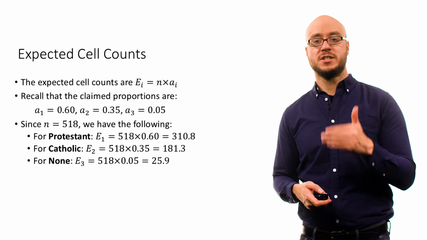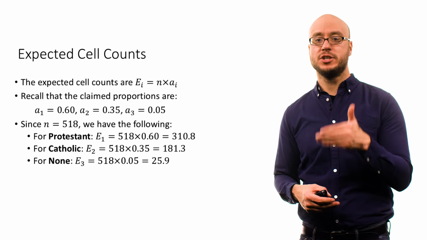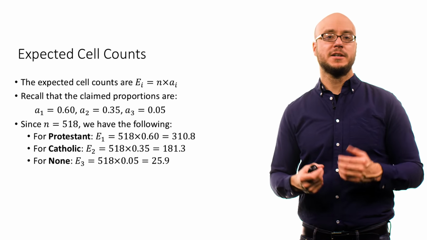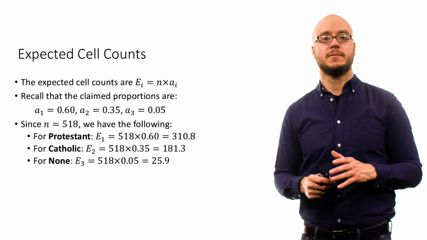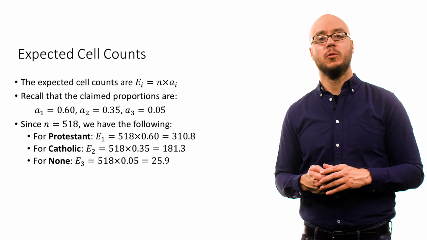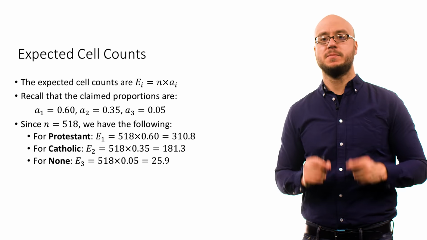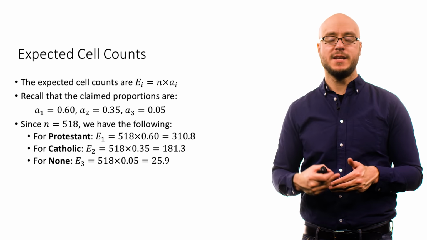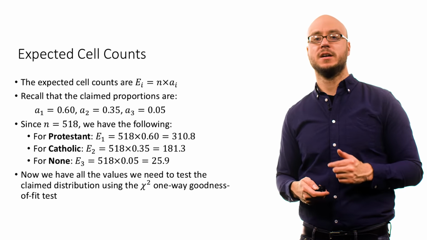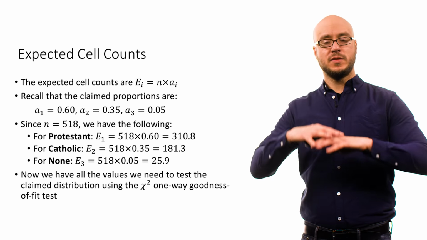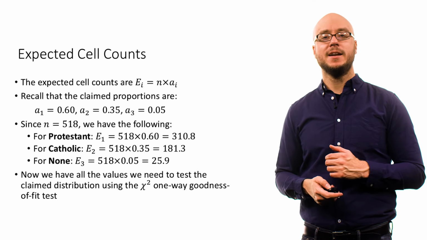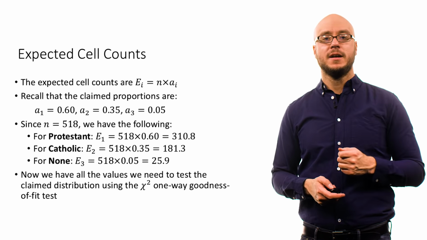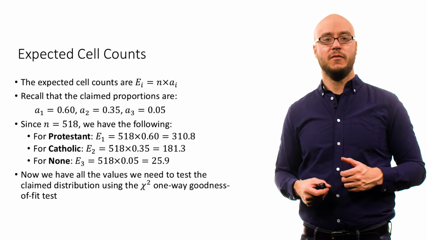And if his distribution in the population is correct, we would expect about 26, roughly, young people to have no religious affiliation. So these are the expected counts. And the goal is to compare these expected cell counts with the observed cell counts in our data. So this is all the information we need to conduct the chi-square one-way goodness of fit test.